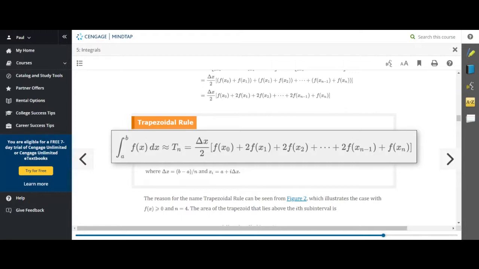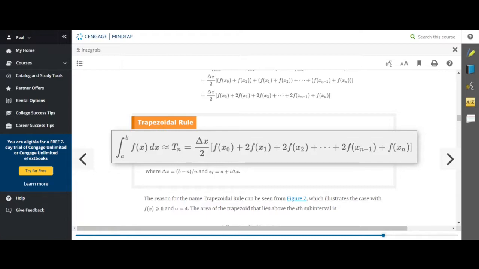And that's going to equal delta x over 2 times what you see in the brackets there: f of x naught plus 2 times f of x1 plus 2 times f of x2, and so forth. And it turns out that the trapezoidal rule is actually an average of the left endpoint and right endpoint approximations.